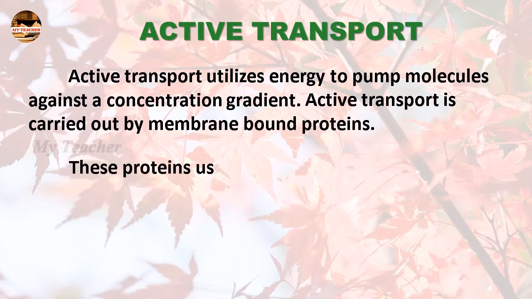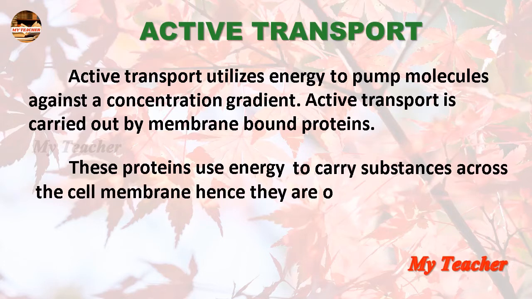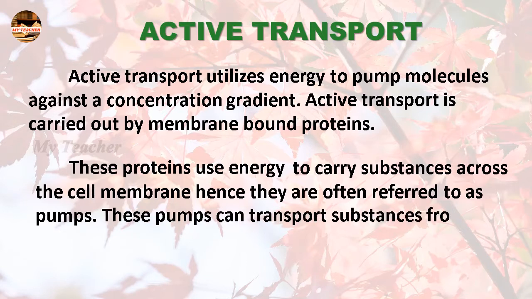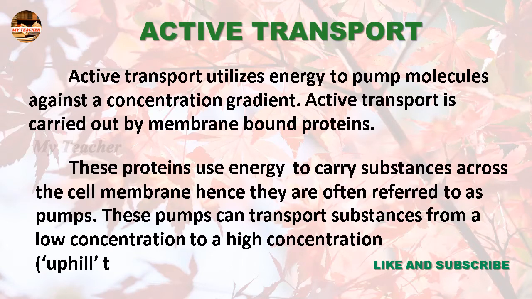These proteins use energy, that is why we call it active transport, to carry substances across the cell membrane. Hence, they are often referred to as pumps. These pumps can transport substances from a low concentration to a high concentration, that is uphill transport.